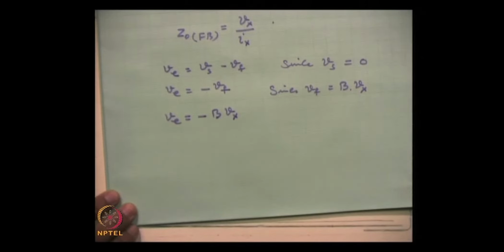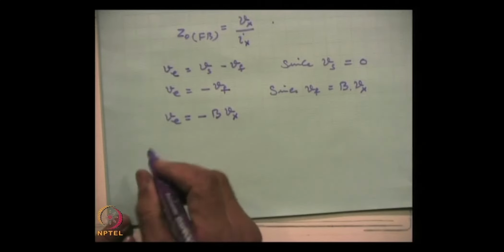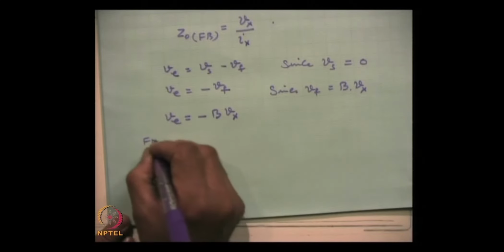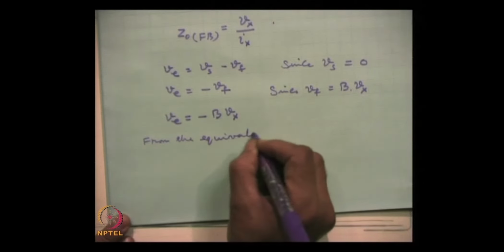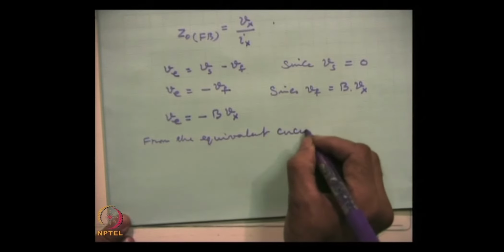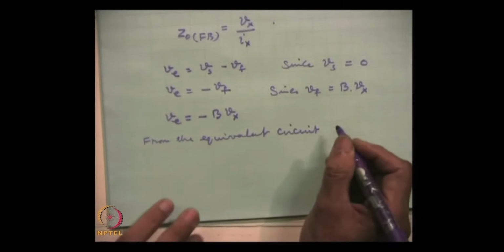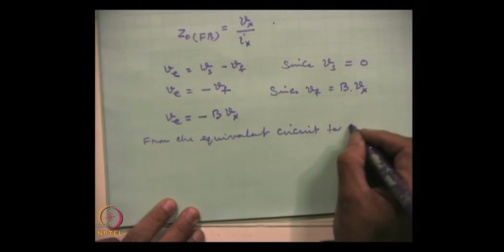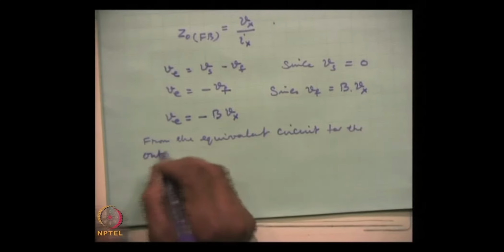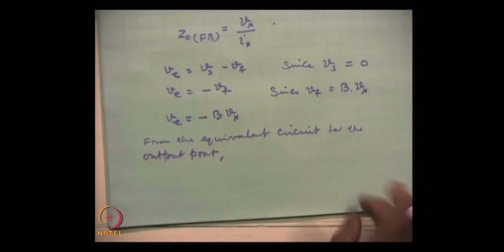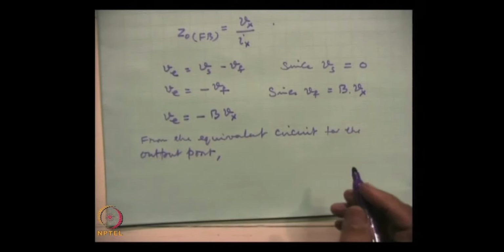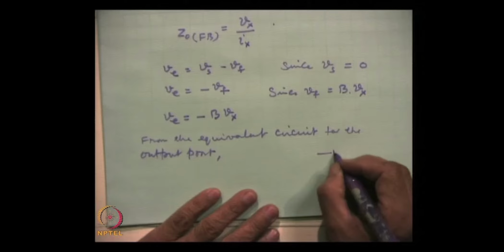We draw an equivalent circuit for the output port. In this, we just take the output port and we draw the circuit. From the equivalent circuit for the output port, I draw it here, and then we arrive at a small simple relation.